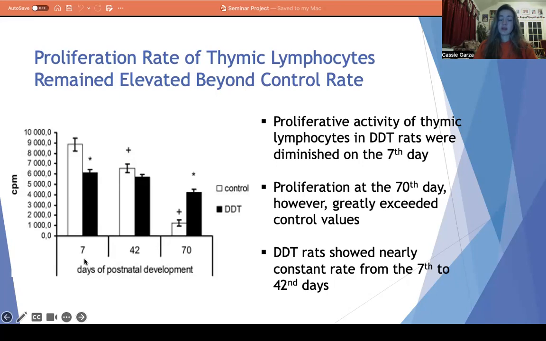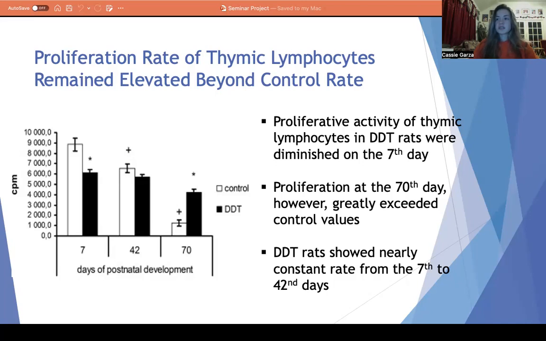The 7th day corresponds to the neonatal period, the 42nd is going to be puberty or adolescence, and the 70th day is going to be adulthood. Like I said, the male offspring of the mothers that were fed DDT are what were tested, and the controls are male offsprings of mothers that were not given any DDT exposure. They also had their thymuses excised and analyzed at the same age.